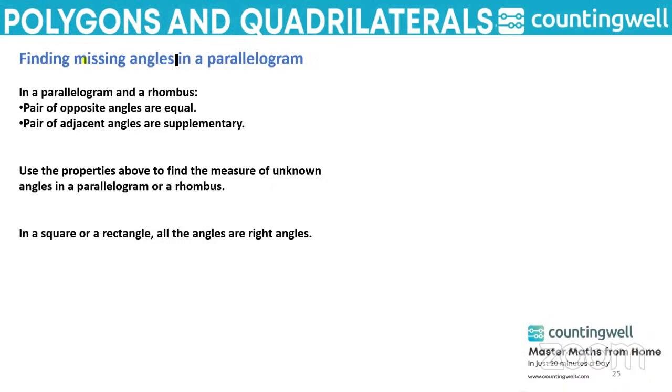Now, to find the missing angles in a parallelogram, you have to remember these properties. For a rhombus and a parallelogram, pairs of opposite angles are equal and pairs of adjacent angles are supplementary. So use the properties to find the measures of unknown angles in a parallelogram or rhombus. And in case of a square and rectangle, no need to find the interior angles. They're always of measure 90 degrees.